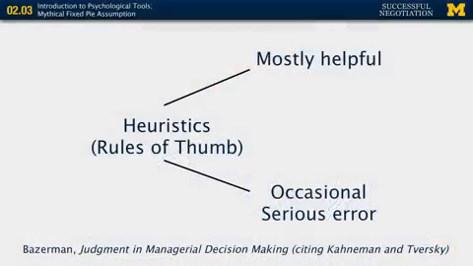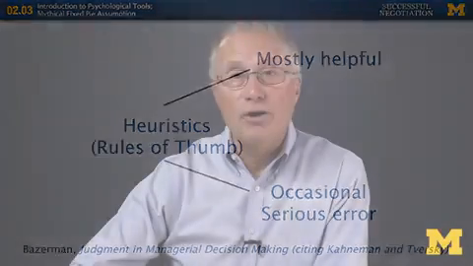And there's some good news and bad news with our use of heuristics. The good news is that these heuristics are mostly helpful in making decisions. The bad news is that occasionally they can result in serious error. And this is where we're going to focus. Where does our use of heuristics result in serious error that can cause problems during negotiation?